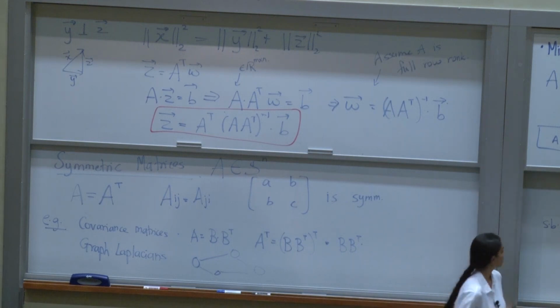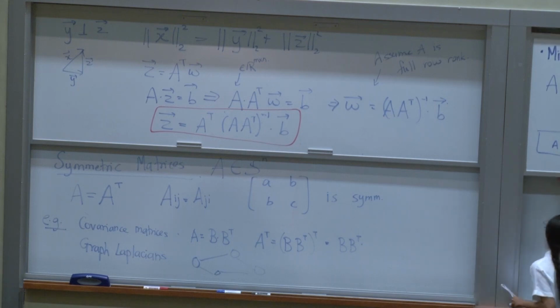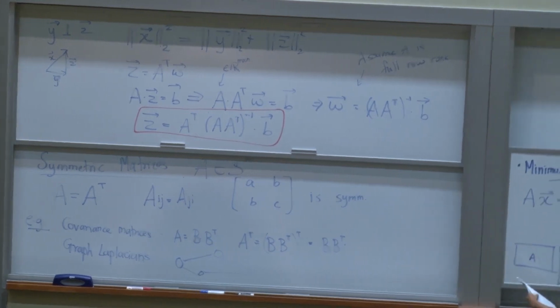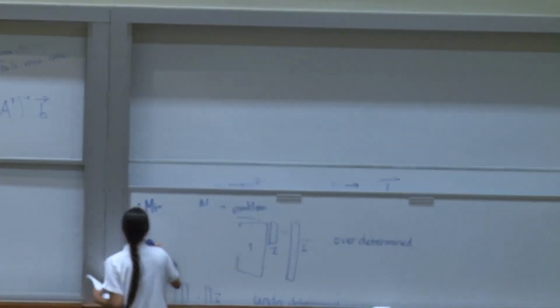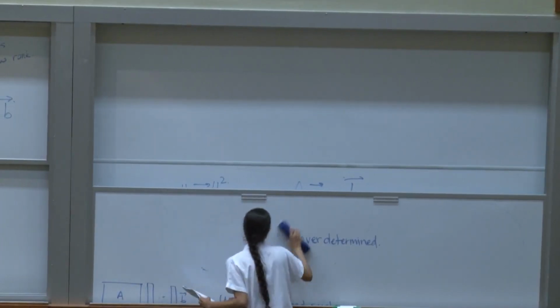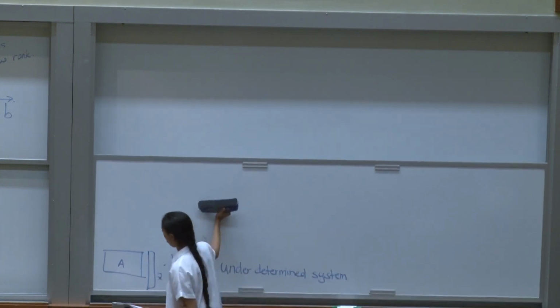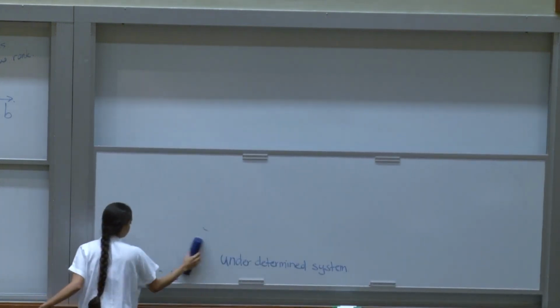Okay? So why do we care about symmetric matrices? We care about symmetric matrices because they have a lot of nice properties. In particular, their eigenvalues are very nice, and symmetric matrices are matrices that are always diagonalizable.